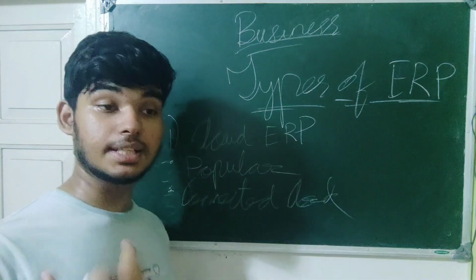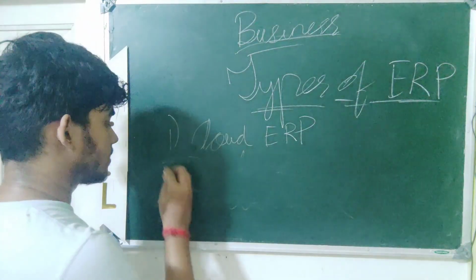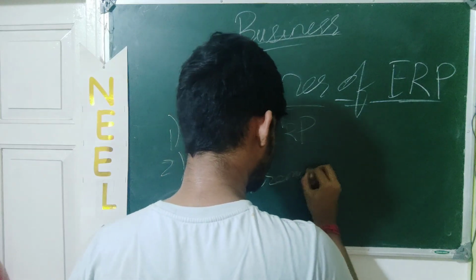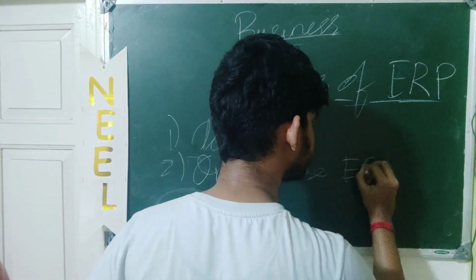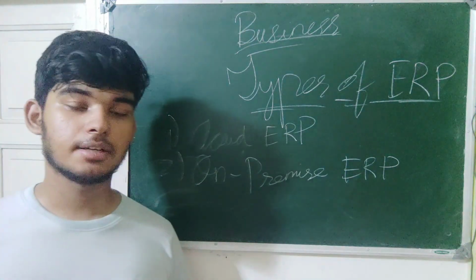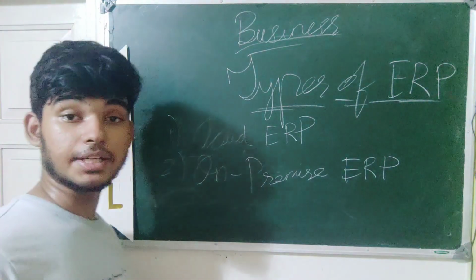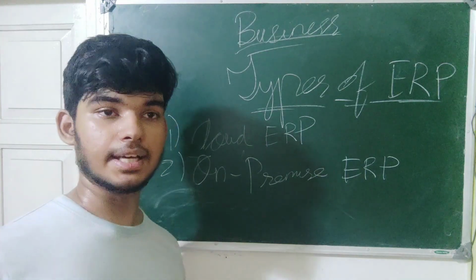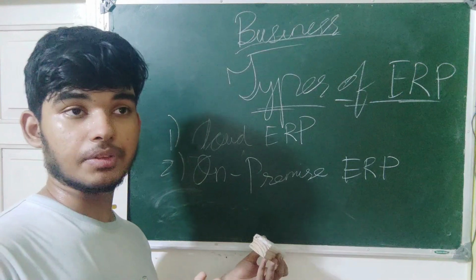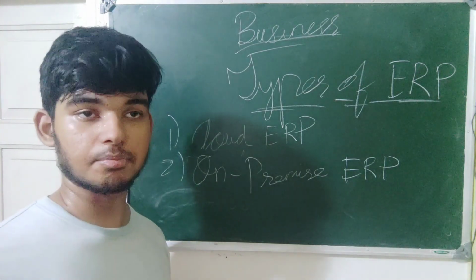Now let's talk about the second type of ERP, which is on-premise ERP. So what is on-premise ERP? On-premise ERP is the traditional ERP, the one that people have used for a long time. This ERP is usually located in one of your actual locations, in your data center, for example.